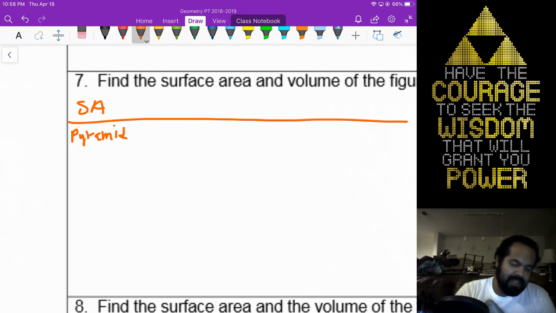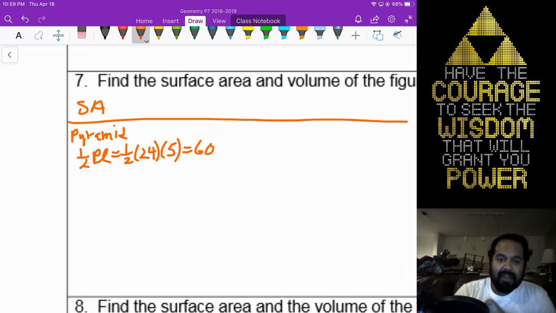That's going to be our 1/2 perimeter times the slant height. So that's 1/2 of 24 times 5, which gets us 60. Now I'm not adding any base to this. I'm not doing plus B because that base of the pyramid is covered.